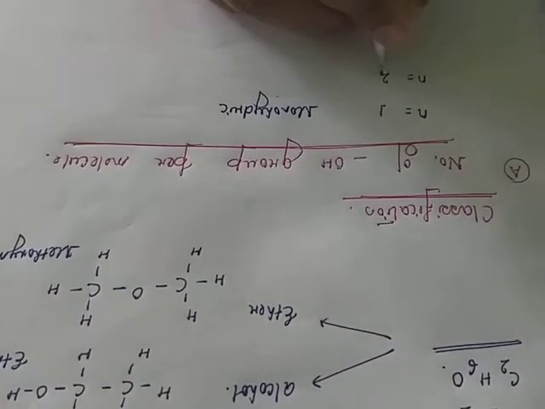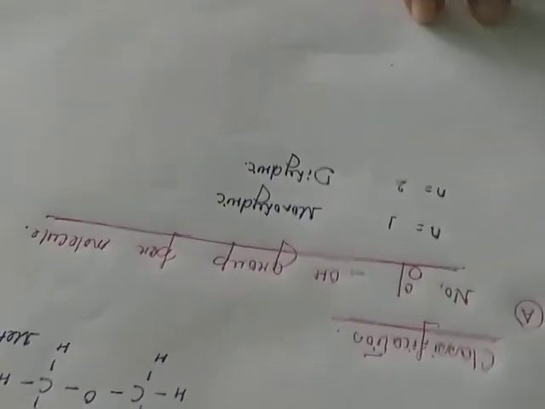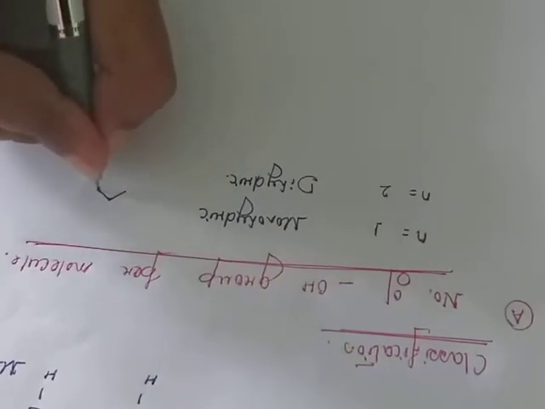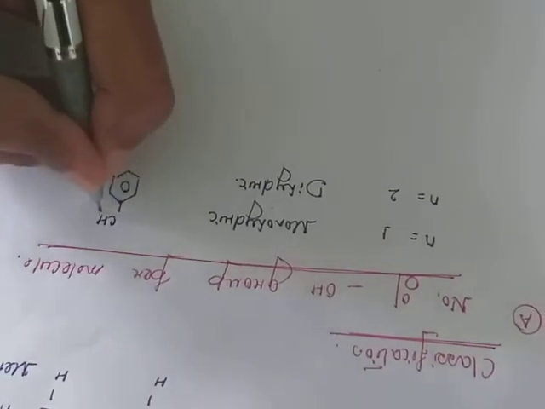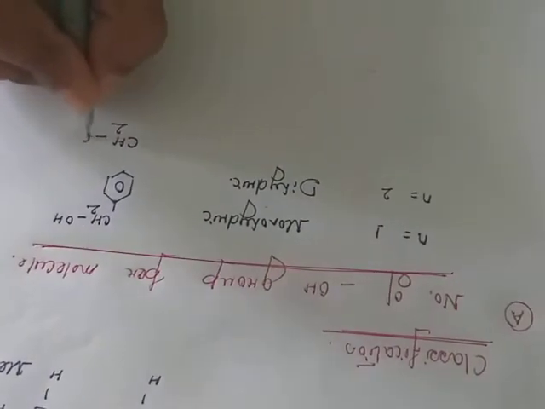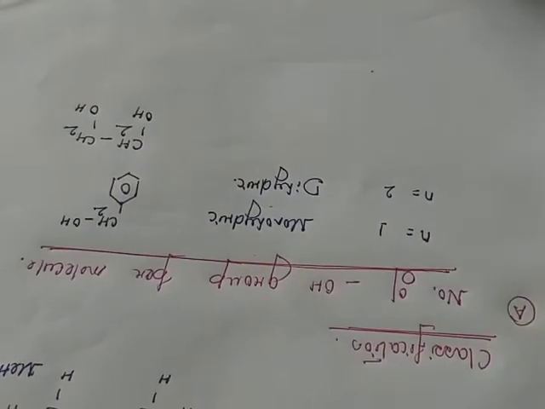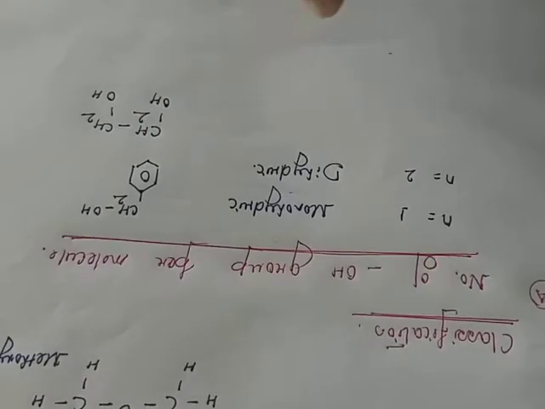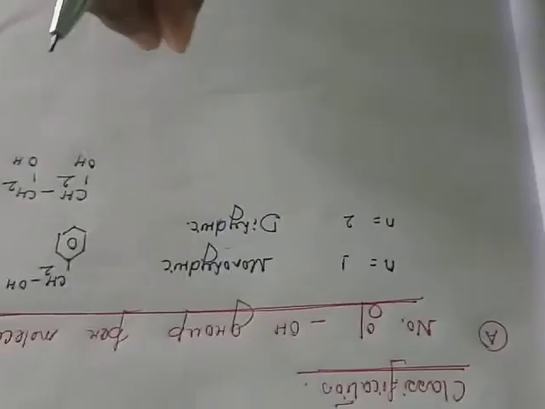If two are present, it is dihydric. If three are present, it is trihydric, and so on, polyhydric alcohols. So this will be an example of monohydric alcohol. This is an example of dihydric alcohol. Similarly, we could have trihydric alcohols and so on. The most important thing is one carbon cannot have more than one OH, otherwise it would be unstable.